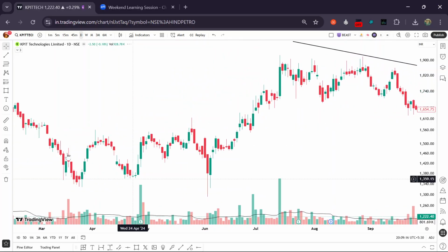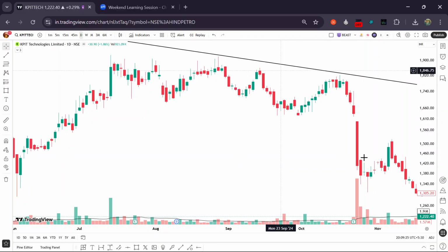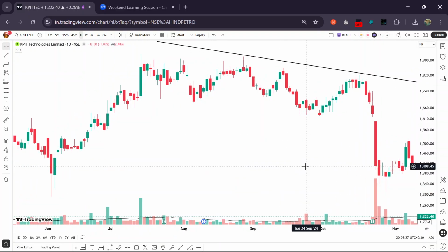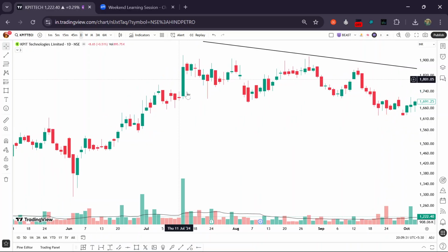Here we can see the price has moved nicely upwards from 1378 to 1800, and later got a massive fall. If you look here, we got the highest volume on the 12th July 2024, around 6 million, and it was 10% up.